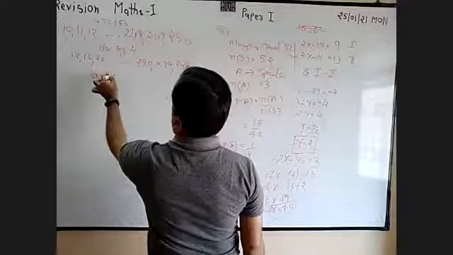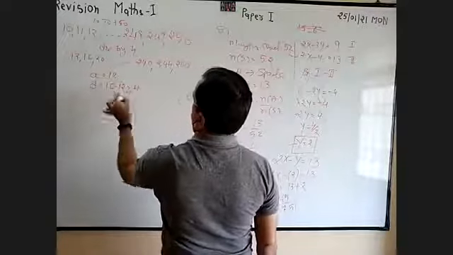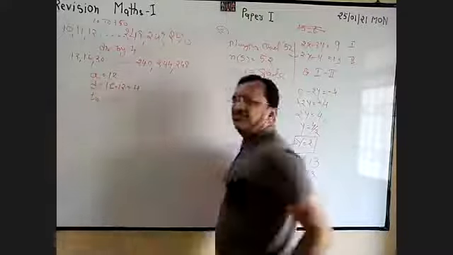So your first number is 12. Your difference is 16 minus 12, which is equal to 4. And your last term is 248. Again, we have to find out n.